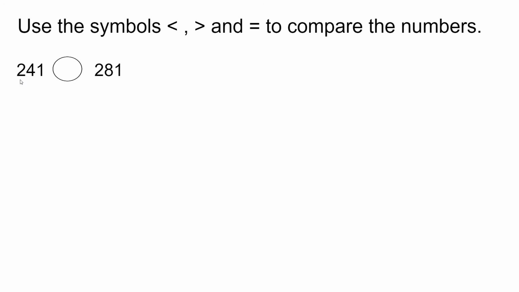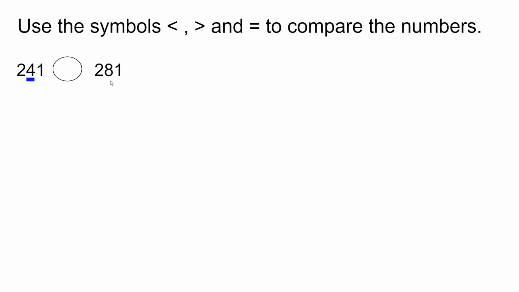We know that 241 and 281 have two hundreds. They are equivalent. They're equal. Now, we can move on to the next smallest unit, which is the tens. Let's take a look at the tens place here. 241 has 4 tens and 281 has 8 tens.